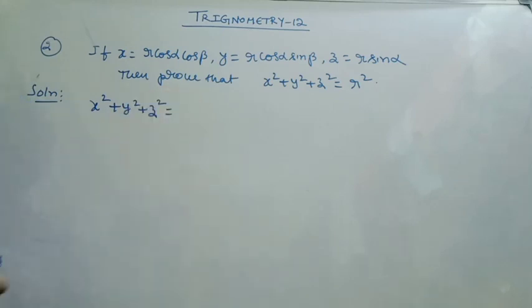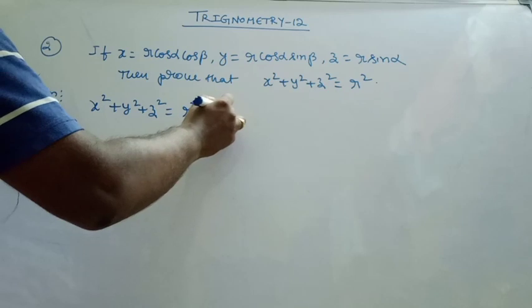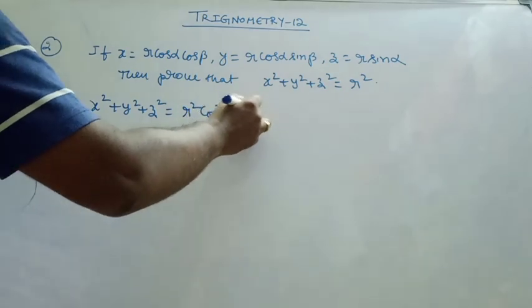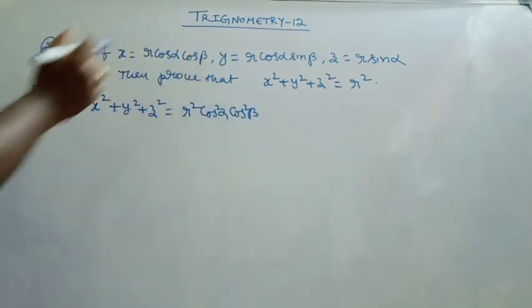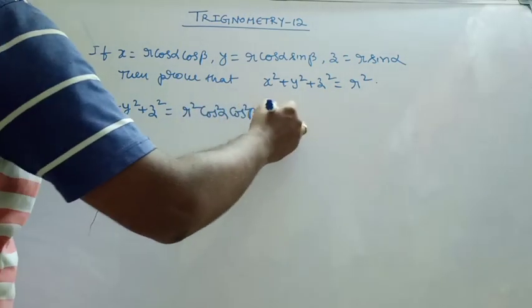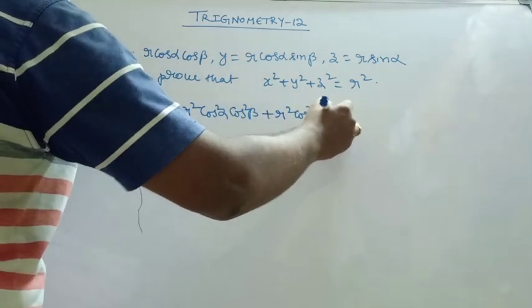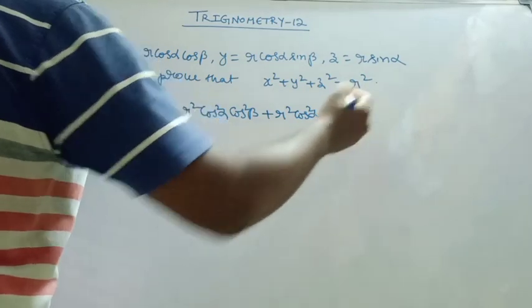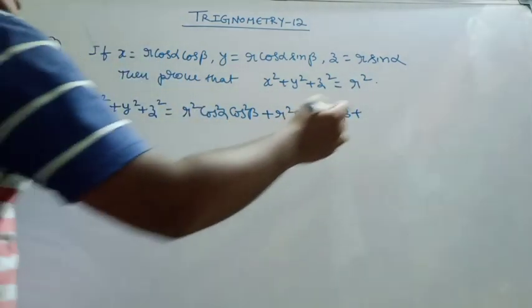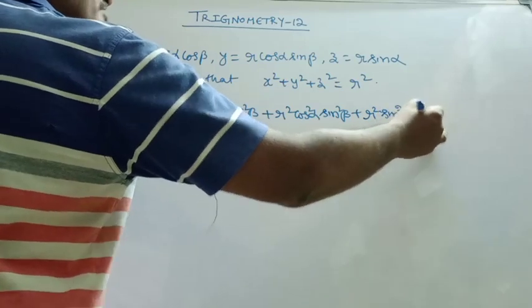This is nothing but r square cos square alpha cos square beta, because x is r cos alpha cos beta. Then x square is nothing but r square cos square alpha cos square beta. And y square is nothing but r square cos square alpha sin square beta, plus z square is nothing but r square sin square alpha.